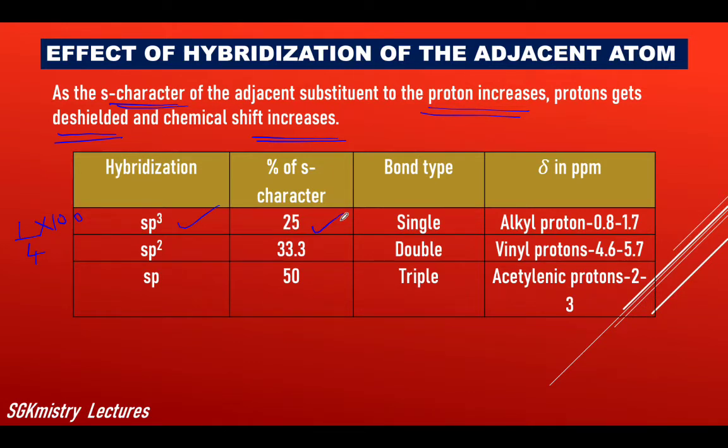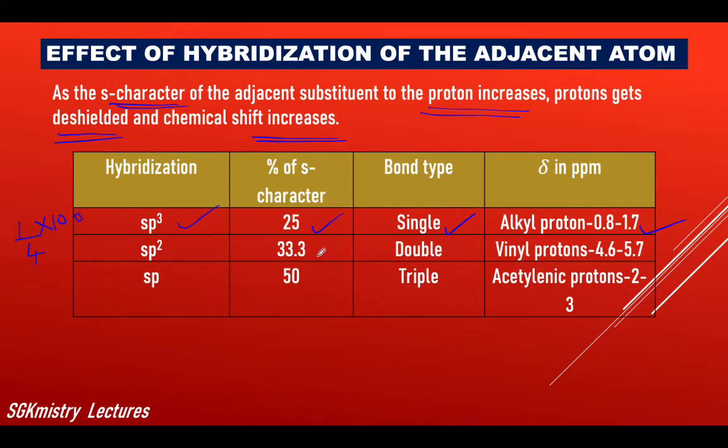We know that whenever there is sp3 hybridization, there will be a single bond, and usually these are alkyl substituents. So when the proton is attached to alkyl groups, the delta, that is the chemical shift value, is found to be 0.8 to 1.7. Next, sp2 hybridization.